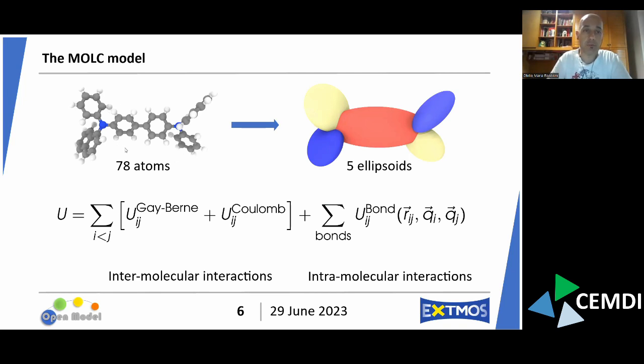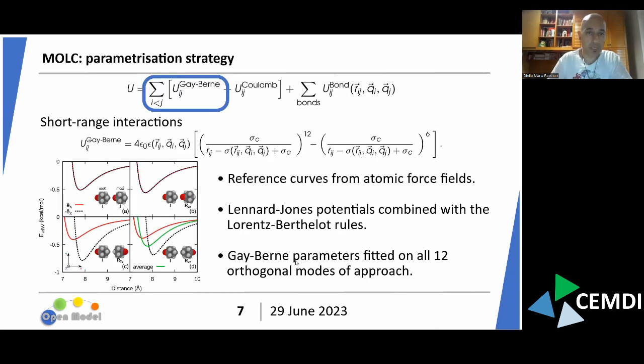That's the original molecule with 78 atoms, and we describe it with 5 ellipsoids. And as I said, the two terms of this sum are basically the intermolecular and the intramolecular interactions. More in detail, we have a term for short-range interactions, and this is a Gay-Berne potential.